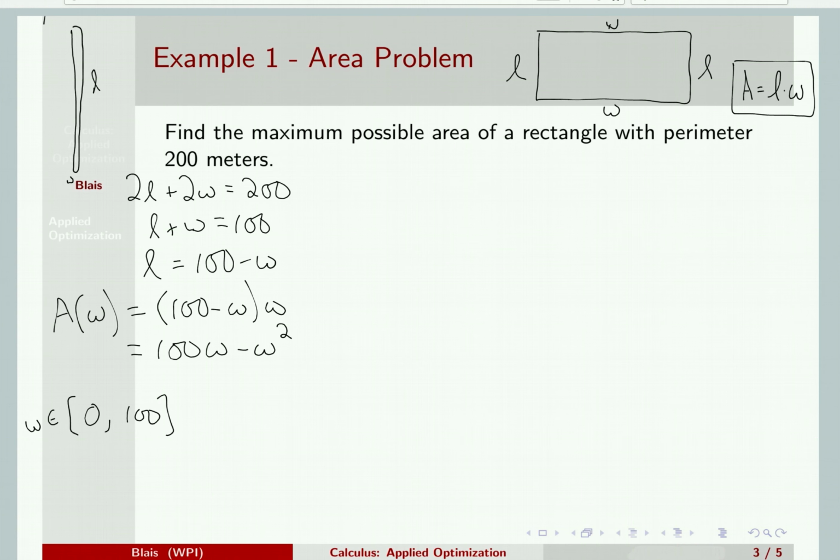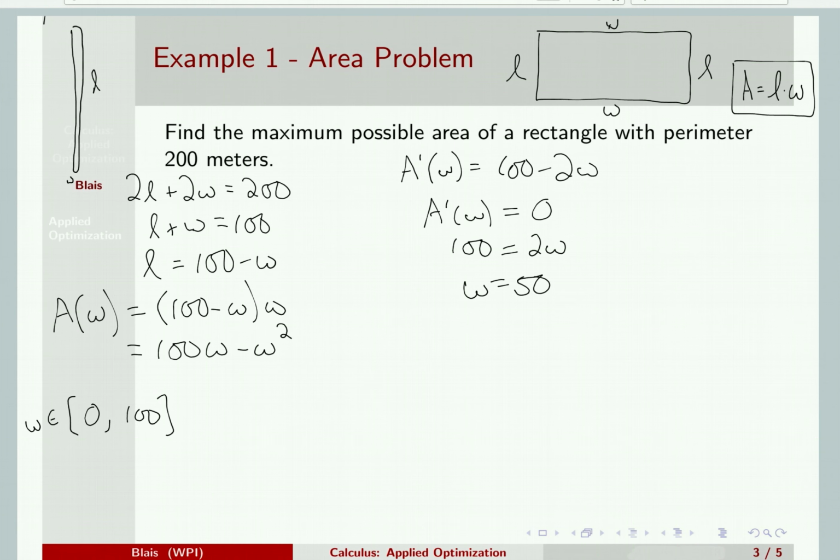Now what we want to do is maximize this area function over this closed interval. The first thing we do is find the critical point. A prime of W, differentiating our objective function, is 100 minus 2W. We set that equal to 0 to get the critical points, which gives 100 equals 2W, or W equals 50.